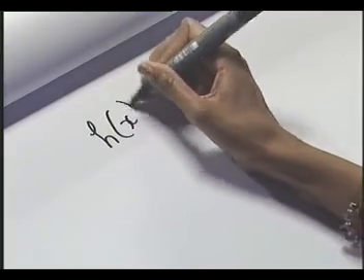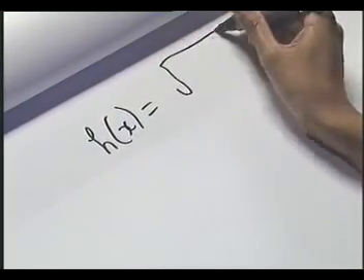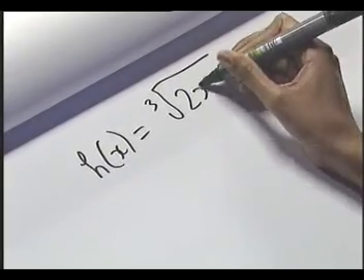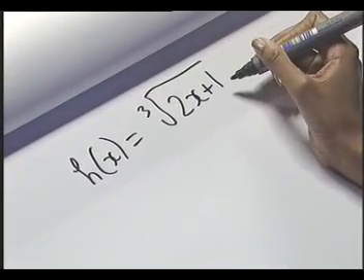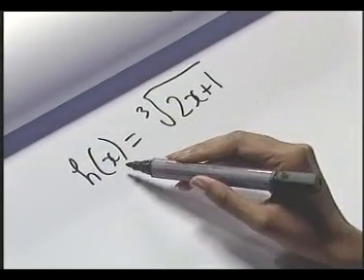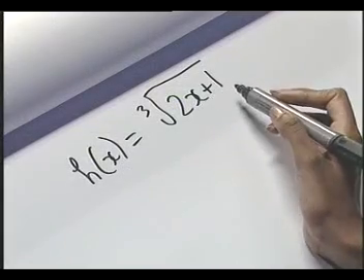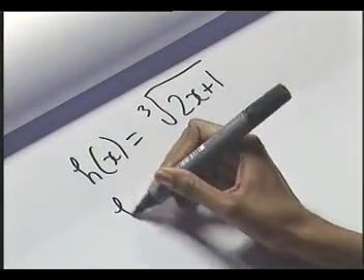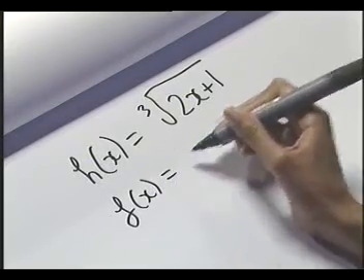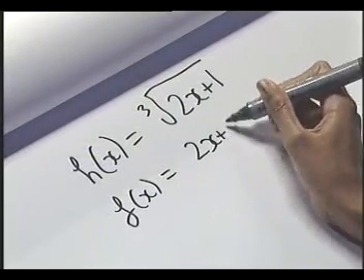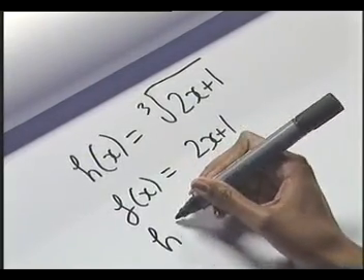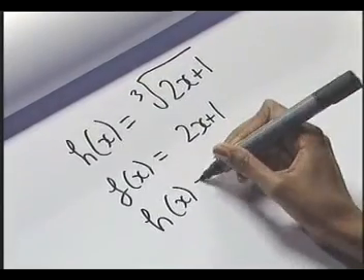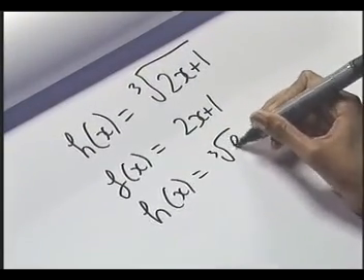Let's decompose another function. This time we'll have the function h of x equals the cube root of 2x plus 1. Now, first here we send x to 2x plus 1, and then we cube root the whole thing. So if we let f of x be 2x plus 1, then h of x is the cube root of f of x.